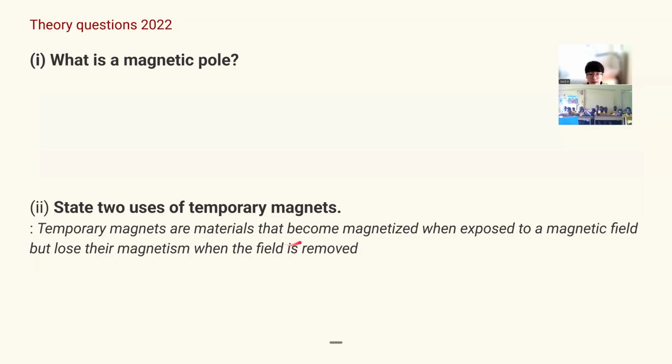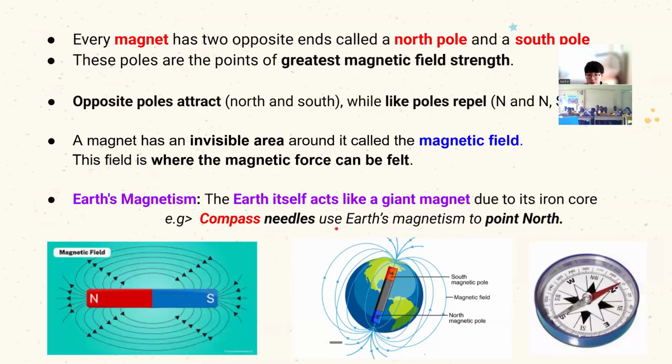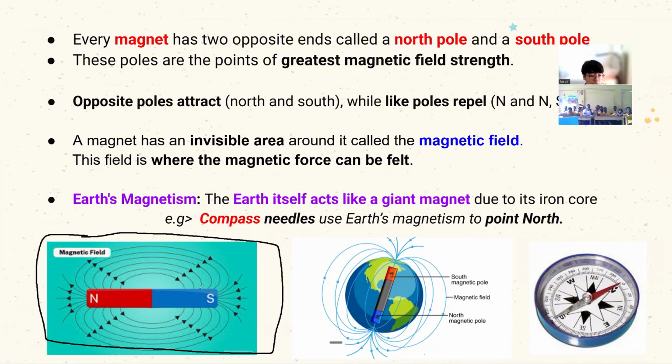We can look at this image that we've seen over here. We can see all the magnetic fields drawn on this magnet. You can see that the force is strongest at each pole. So always remember that in the poles, there's the greatest magnetic strength.